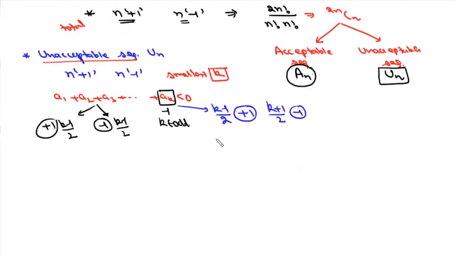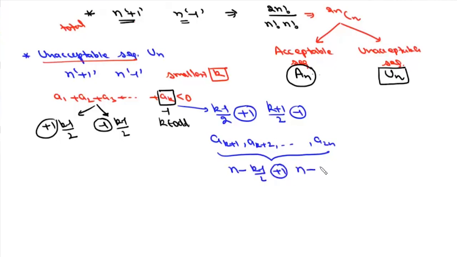Now, if we look at the other terms in the sequence, from k plus 1, k plus 2 up to a2n, it will have n minus k minus 1 by 2 plus 1s and n minus k plus 1 by 2 minus 1s. So that's how this entire sequence will have n plus 1s and n minus 1s.